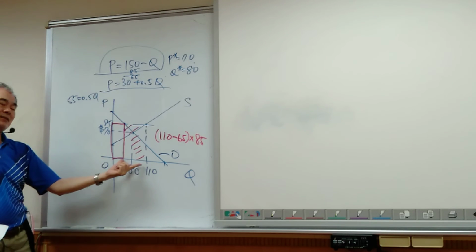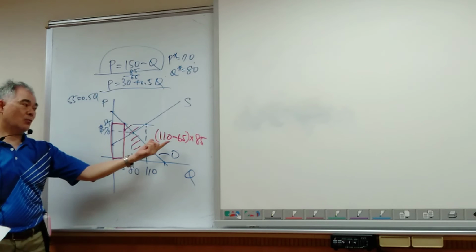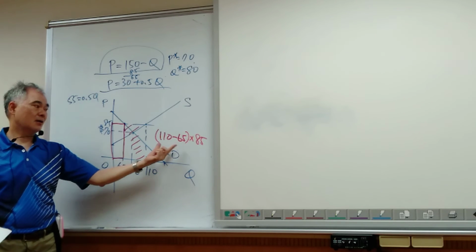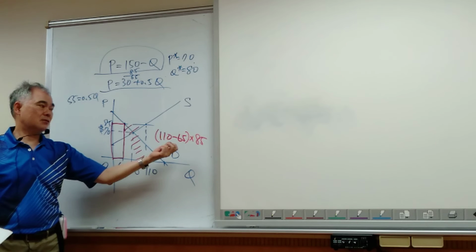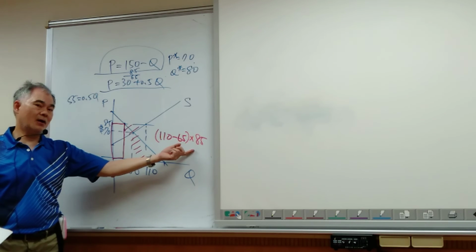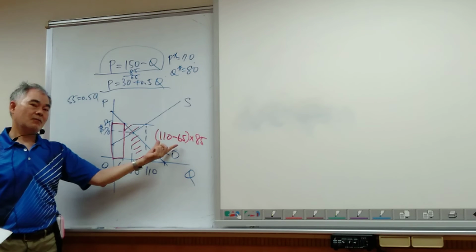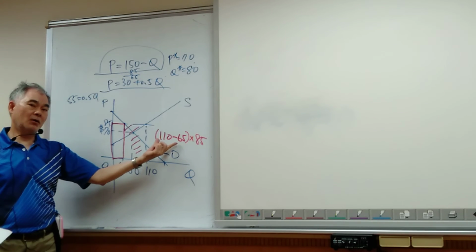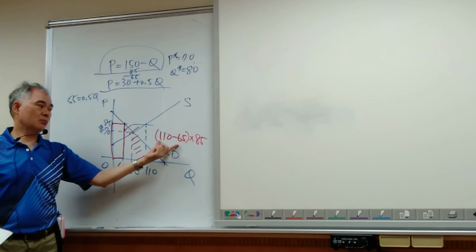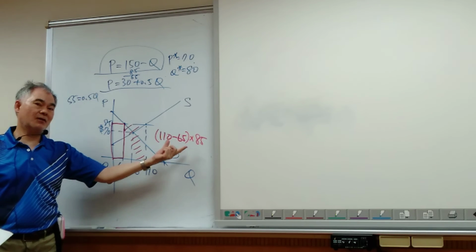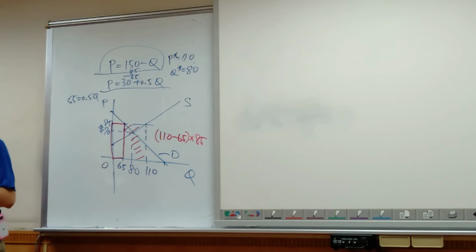So this is the excess part, 110 minus 65. Since the unit price is 85, this is the number of units not bought by consumers, so this is the price the government has to pay. Okay, question 21.